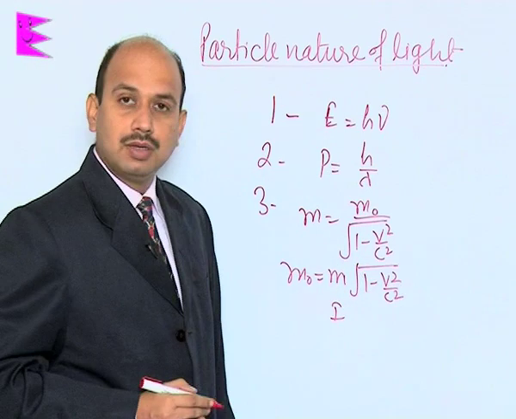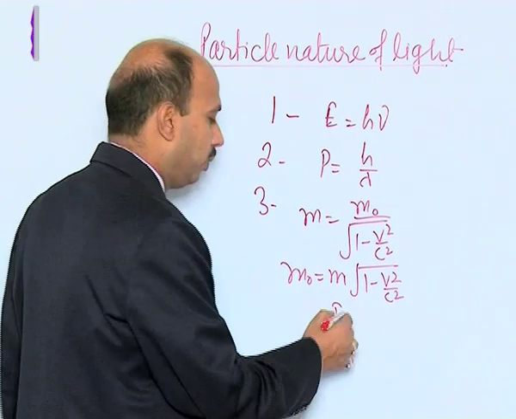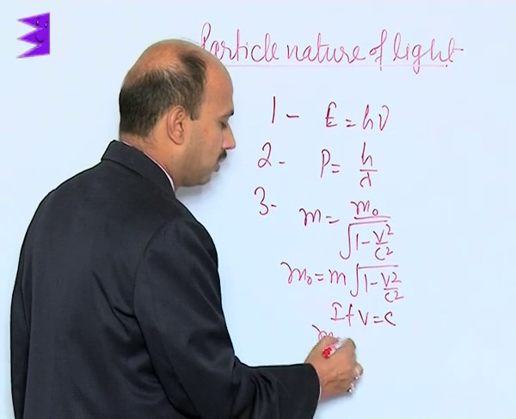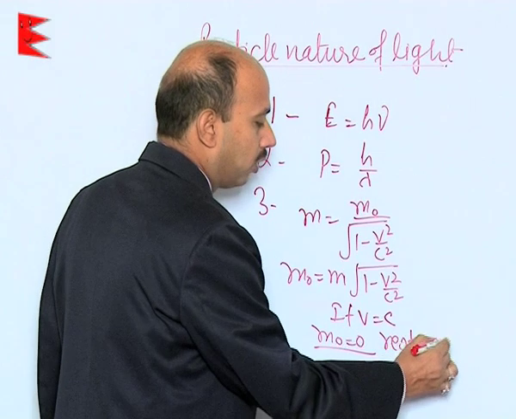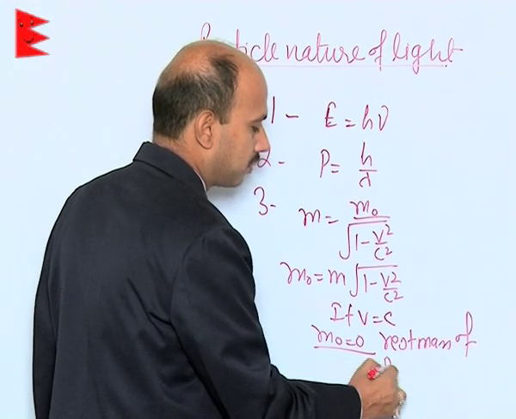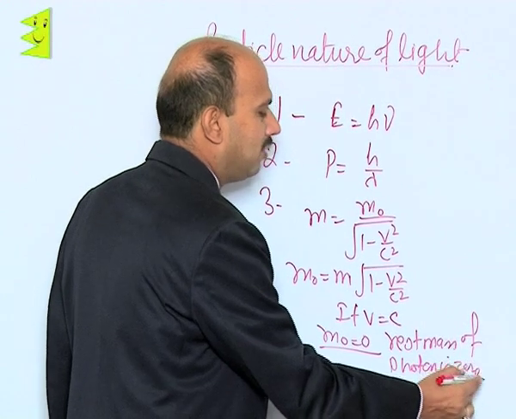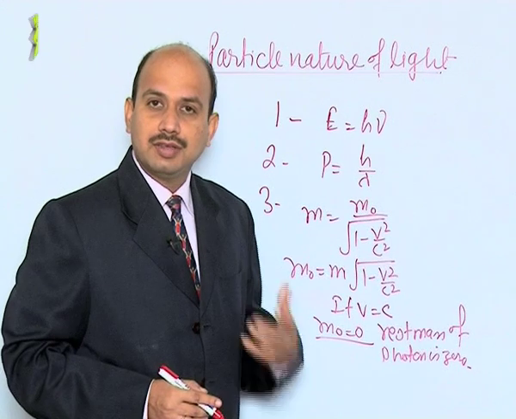Since in vacuum or free space, light travels with the speed of light, we can write v is equal to c, so m naught is equal to 0. That means the rest mass of the photon is 0. So we can say photons do not exist at rest.